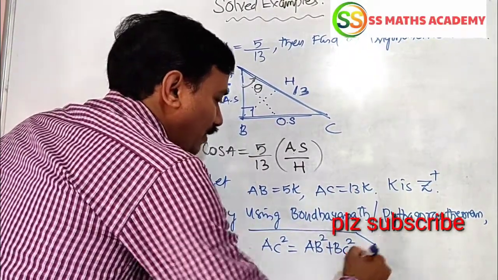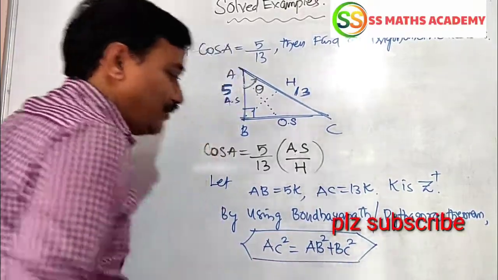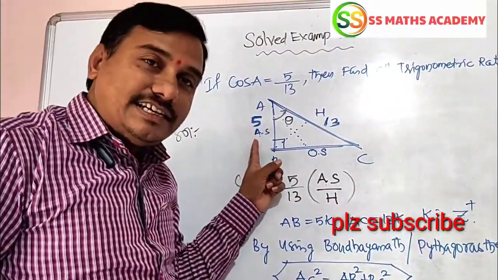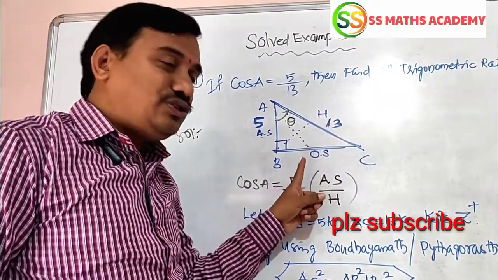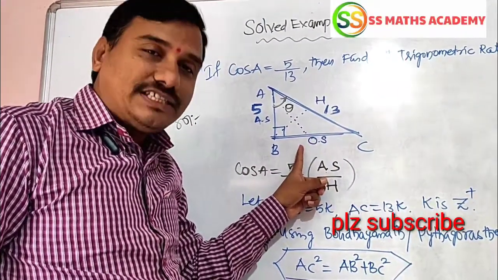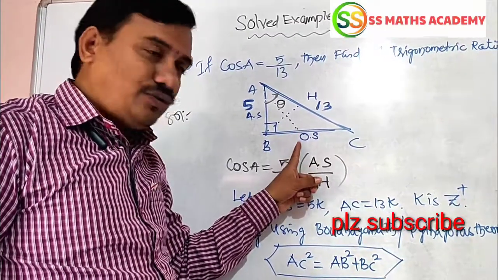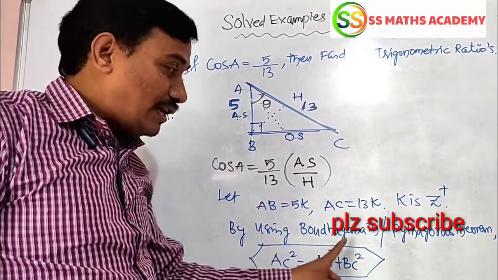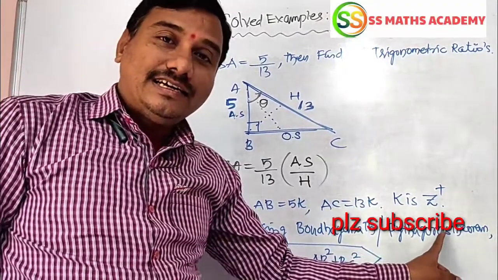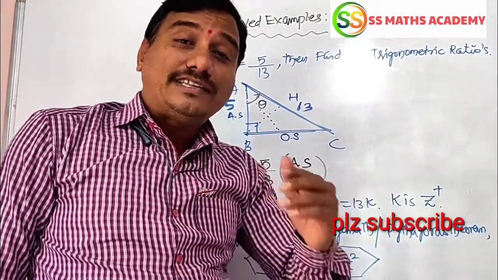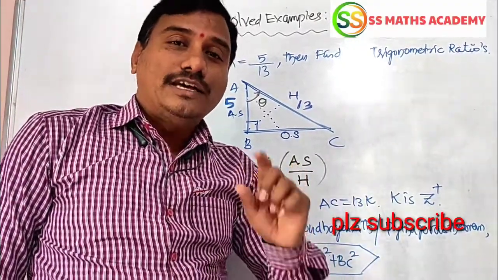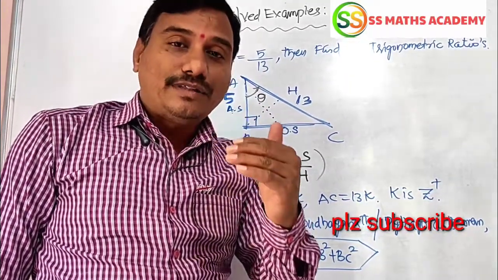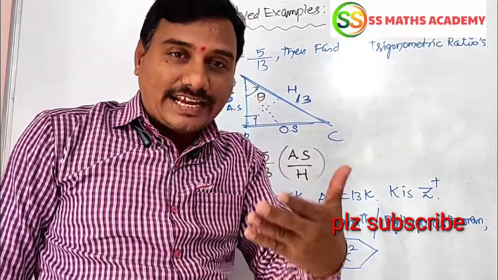Already, as you know this formula very well, dear viewers. Here the adjacent side is given and the hypotenuse is given. We should find the opposite side, right? To find the opposite side, we go with the Baudhayana theorem as well as the Pythagoras theorem. What is the Pythagoras theorem or Baudhayana theorem? The square of the hypotenuse is equal to the sum of the squares of the other two sides.